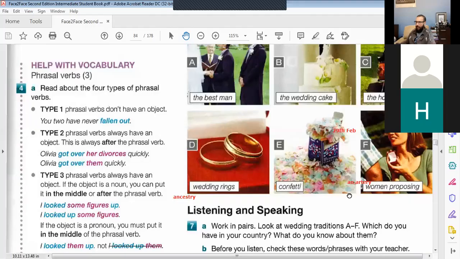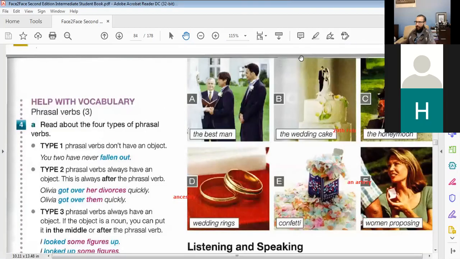Okay, here it is. So we're going to listen and put them in the same order that they talk about them. So let's pay attention to the order.